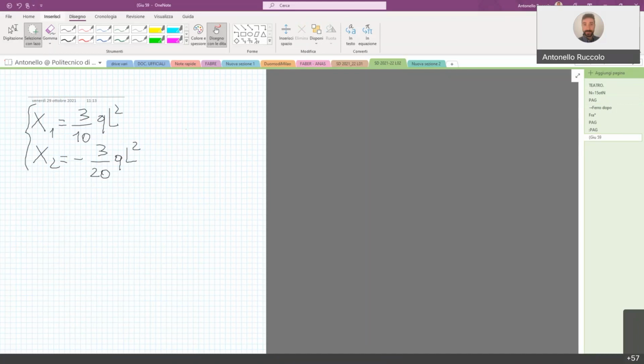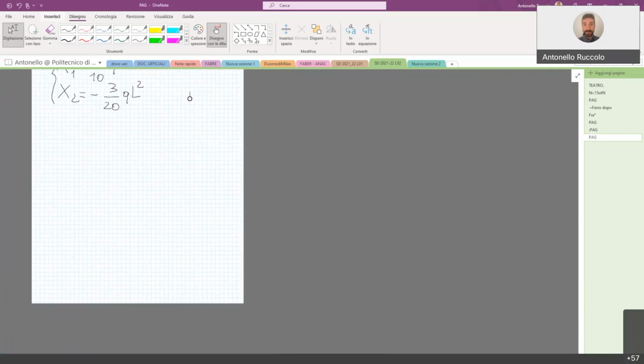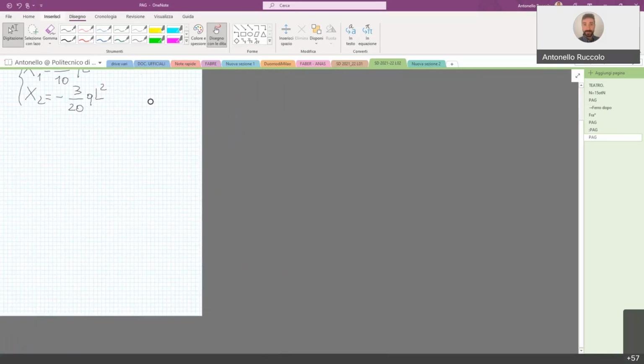Okay. Okay. So far so good? Now we can go quite fast and see how to compute the internal forces in this structure, because last week we had no time to do it. If you have any question, please, this is the moment.